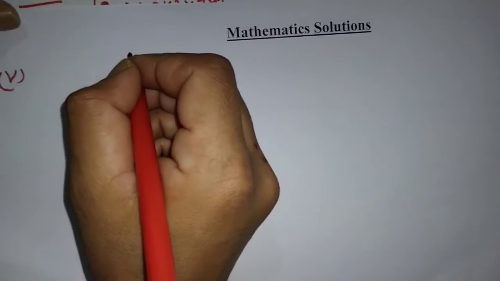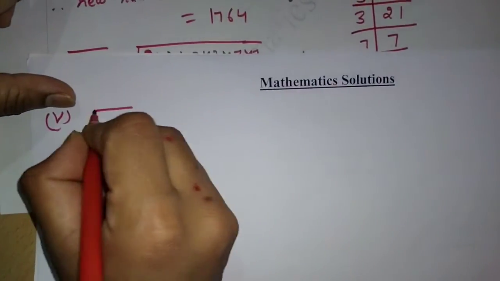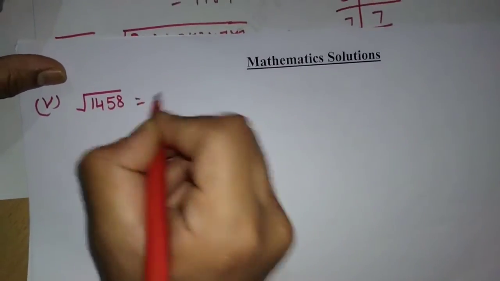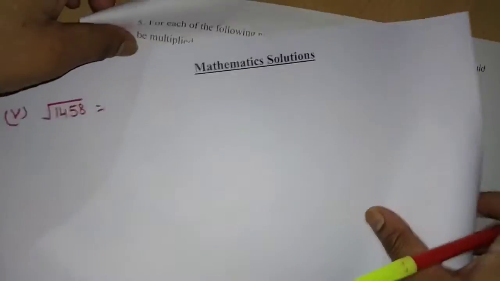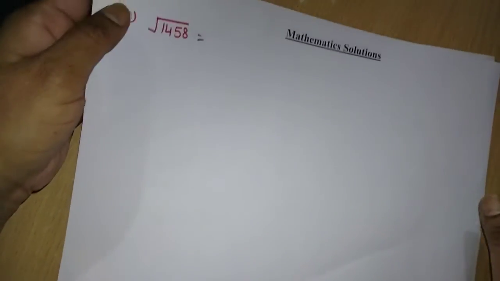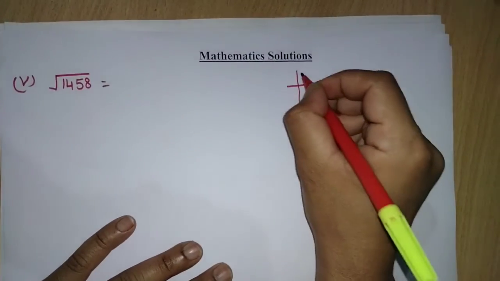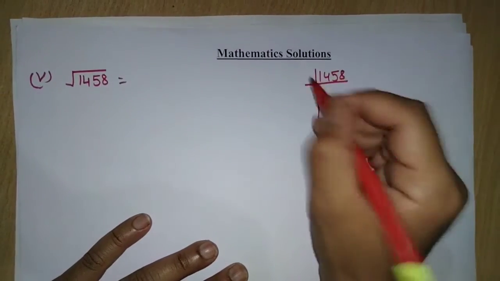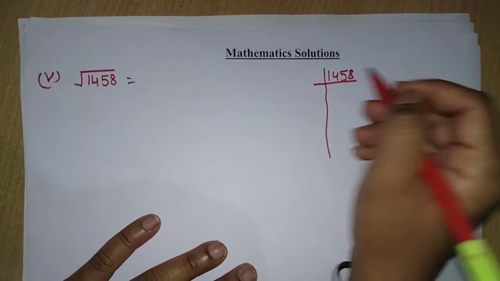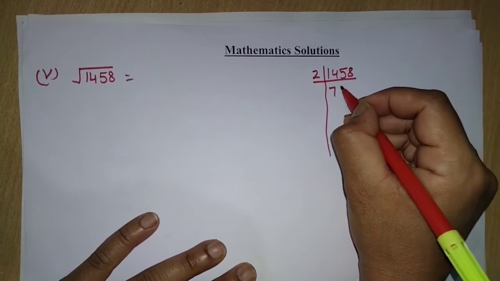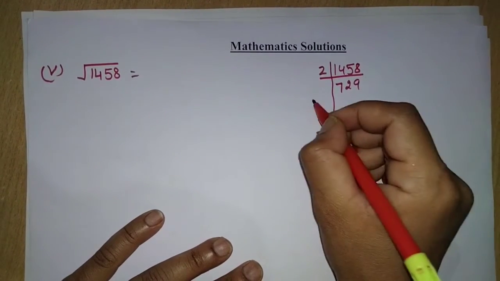Let's take part 5, 1458, and let's find its prime factors. Here the unit digit is 8, so it will be divided by 2. 2 7s are 14, 2 2s are 4, 2 9s are 18.